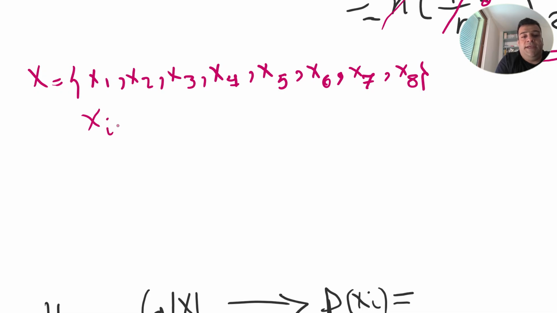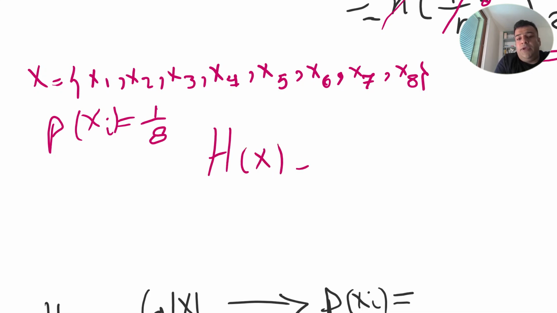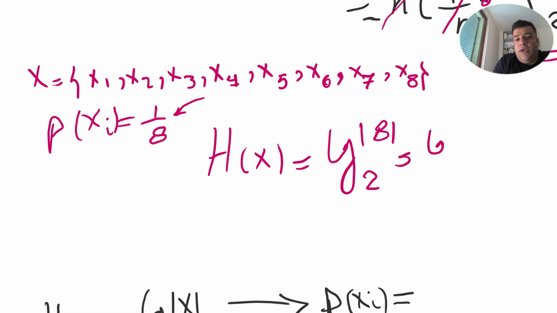That means every member xi has probability 1/8. If we calculate H(x), or entropy, we don't need to write the formula because they are equiprobable. Therefore, the answer is log of the cardinality in base 2, log of 8 in base 2, which is 3.